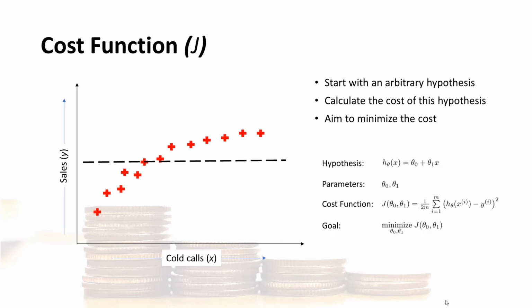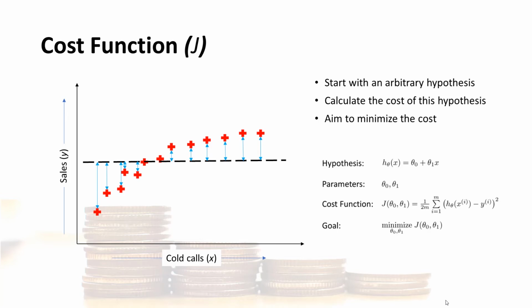But let us now see how the machine improves over this hypothesis. When an arbitrary hypothesis is taken like this, what the machine does is that from actual data points, it calculates the distance of this hypothesis from every data point. This distance is actually the error which this hypothesis has with respect to that data point.